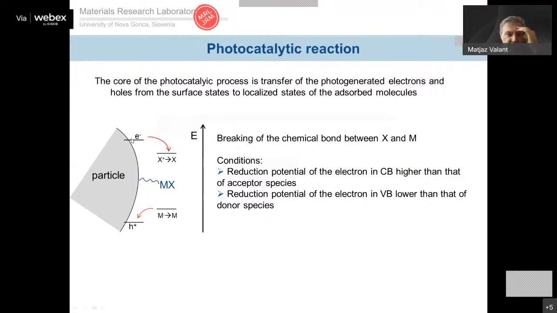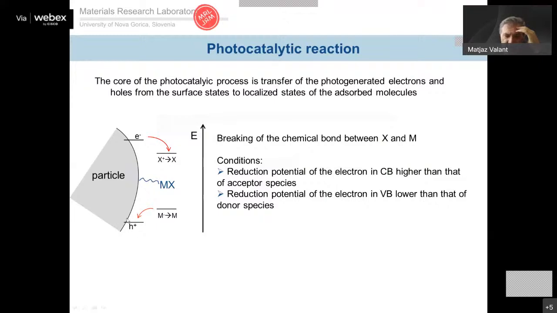First we have to transfer this electron to the molecules. That happens mainly in the way that molecules are adsorbed on the surface, and then the electron transport goes from the particles to the adsorbed molecules.